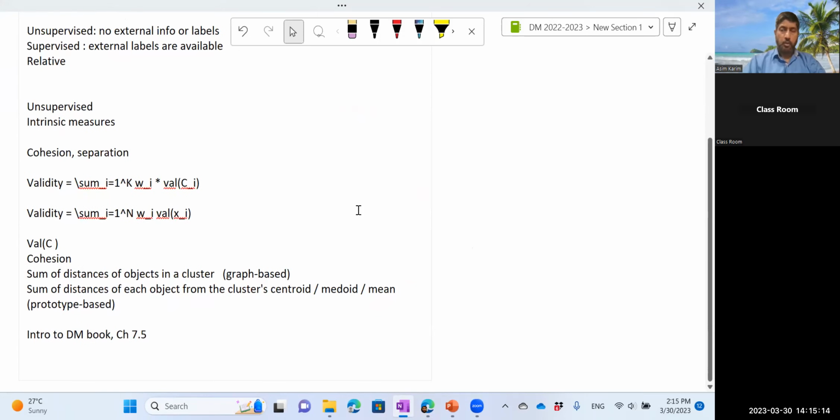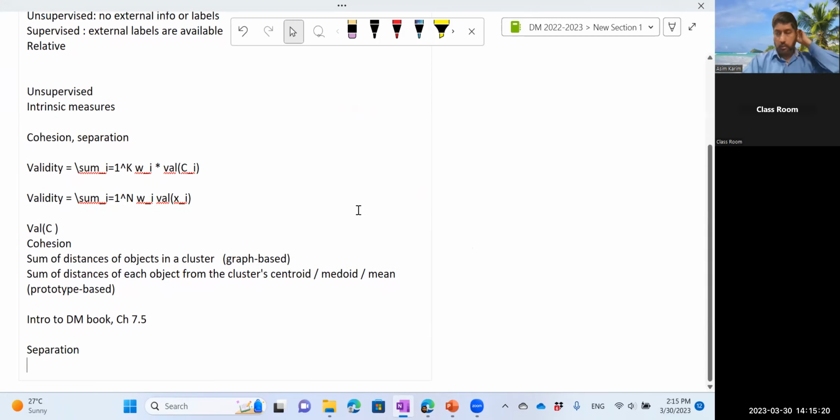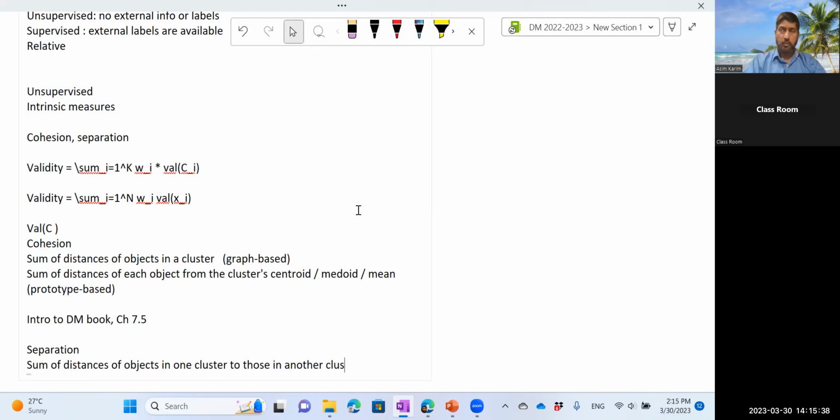Okay, what about separation? ठीक है. So separation में you can take the sum of distances of objects in one cluster to those in another cluster. ठीक है.